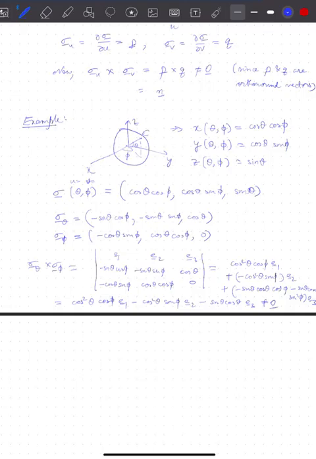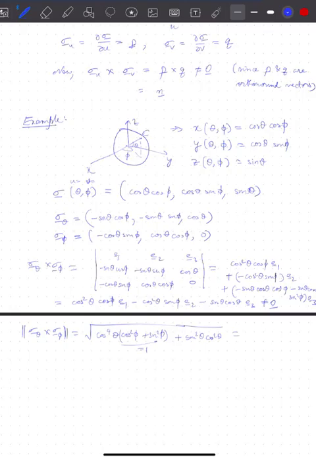So of course if we take the norm, we will have cosine 4 theta cosine square phi, likewise for the second term, plus sin square phi, plus sin square theta cosine square theta.